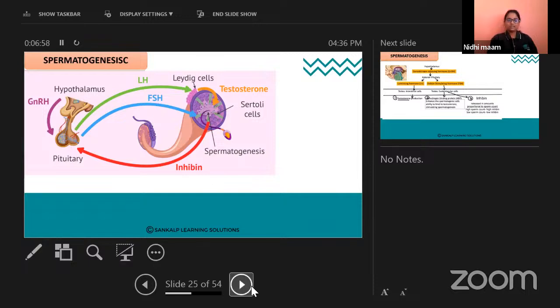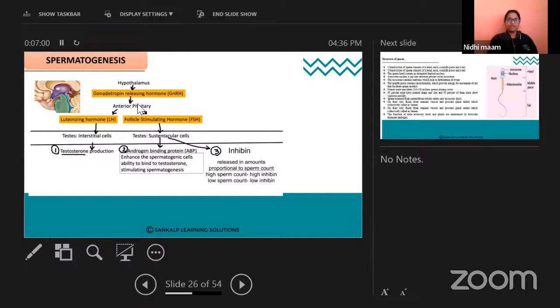So how does this process occur? From the hypothalamus, the part of the brain, gonadotrophin releasing hormone, GnRH, will be released. What will this hormone do? It will activate and initiate the anterior pituitary.